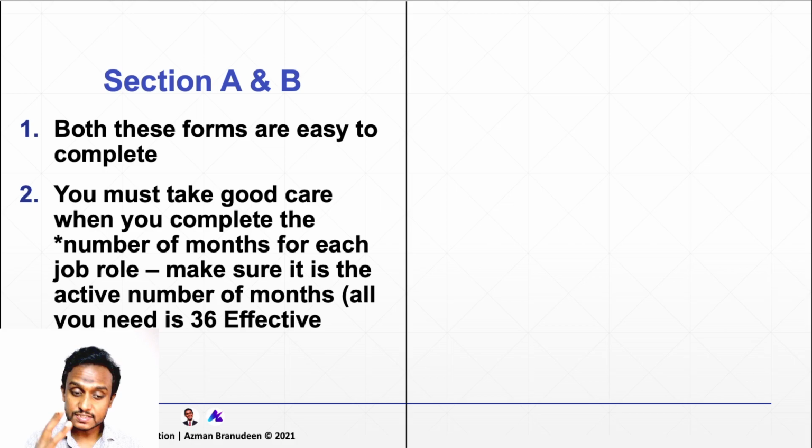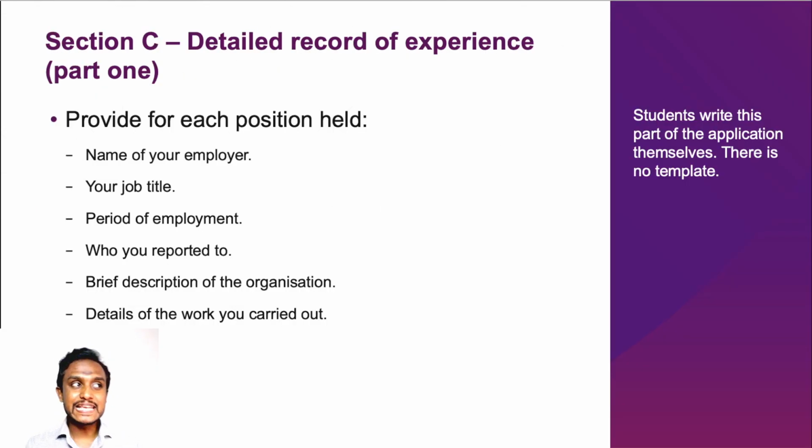Next, section C, the detailed record of experience. For each of these positions that you held, you must provide the name of your employer. In section B, do you remember you provided your employment summary, earliest first? You recorded all the positions you've held throughout the entire time you've worked as a professional.